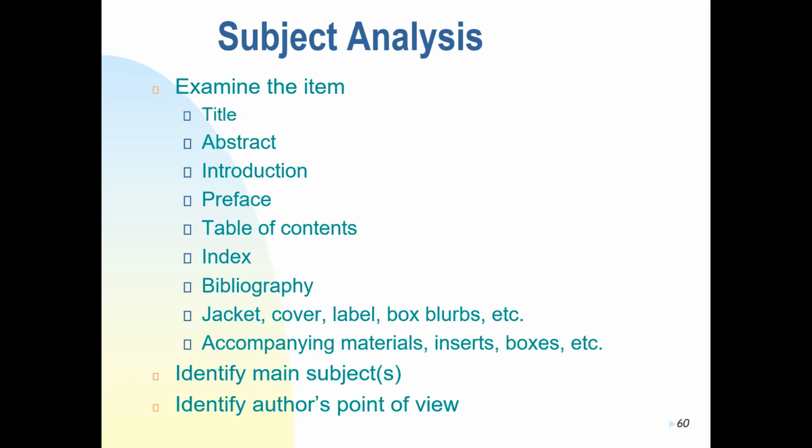Different catalogers may make different decisions about what the subject headings should be, and that's fine. Sometimes you do have to go to external sources like bibliographies or catalogs. You might go to Amazon or Goodreads to find more information.